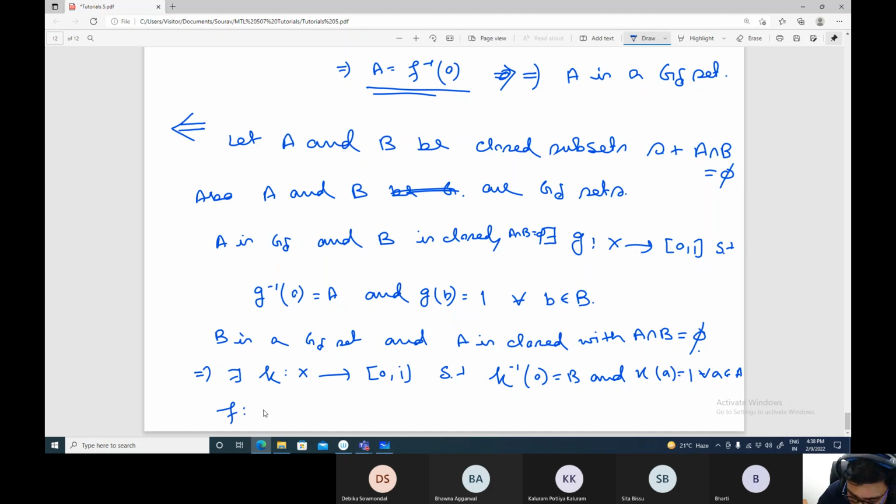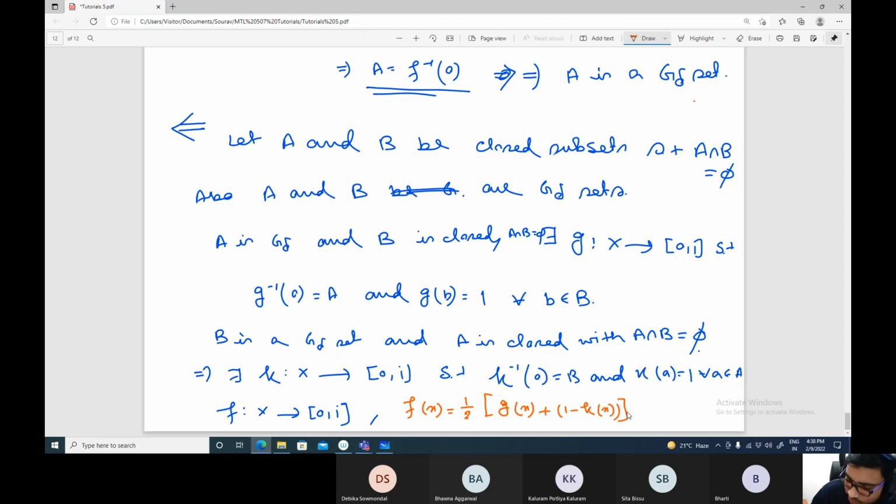Now consider a function f from X to [0,1] defined by f(x) equal to half of (g(x) plus 1 minus k(x)).